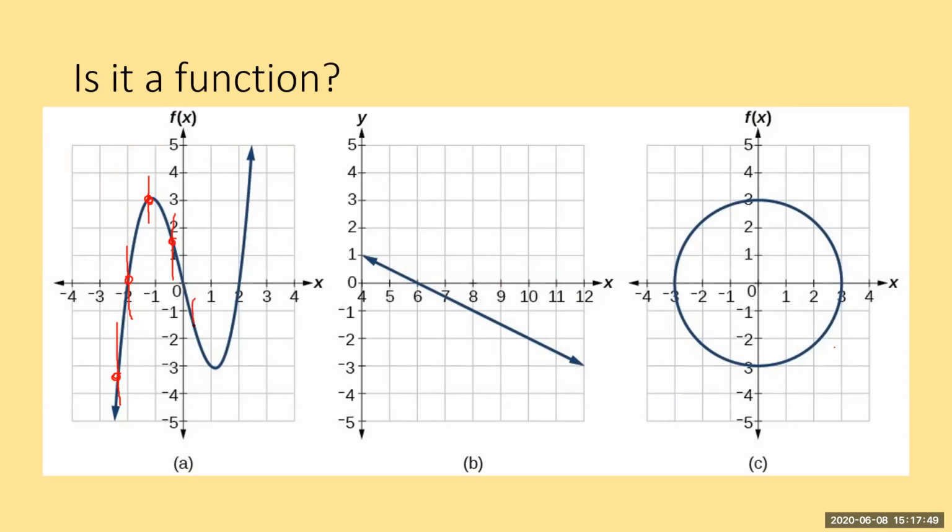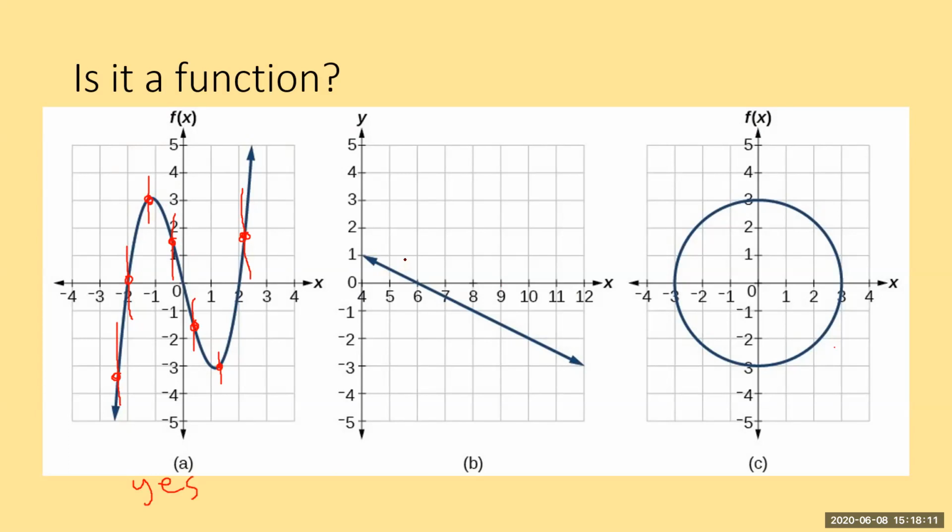Once you get the hang of it, you can probably just visualize it. Right? Just look at the graph and imagine those vertical lines. But I can draw a vertical line anywhere through this graph, and it's only going to cross at 1 point. So we would say, yes, this is a function.